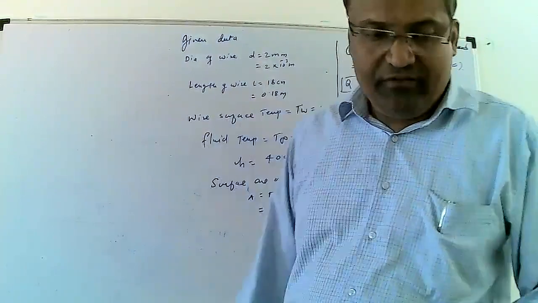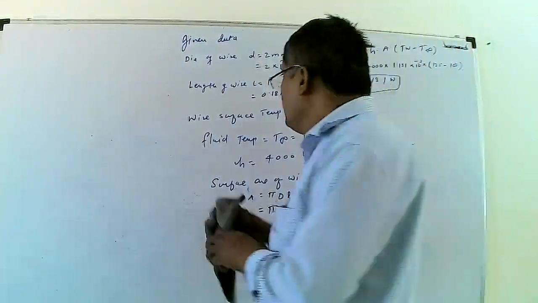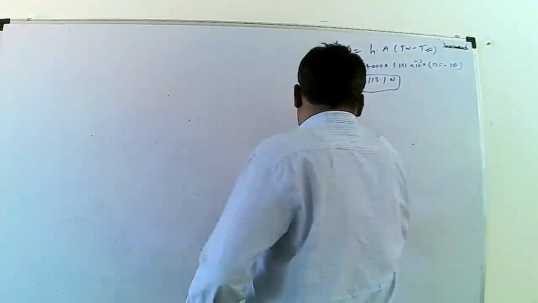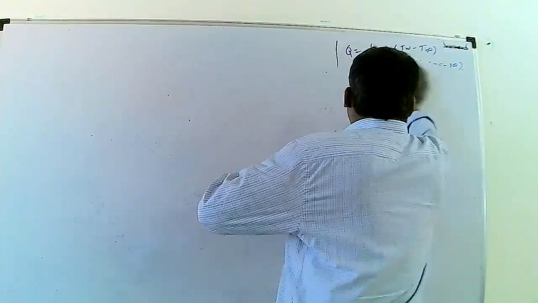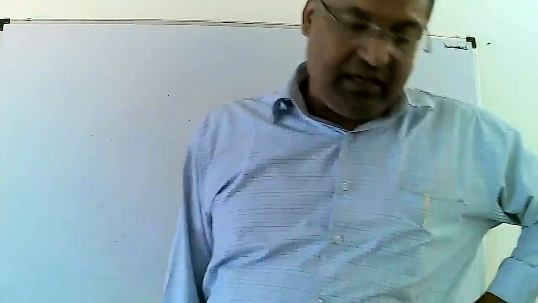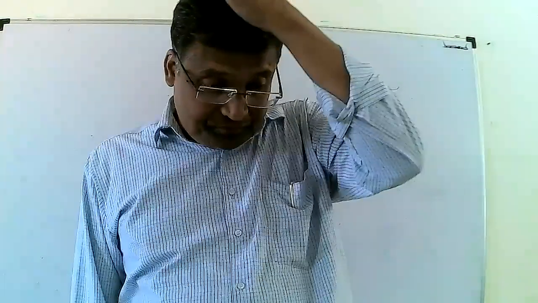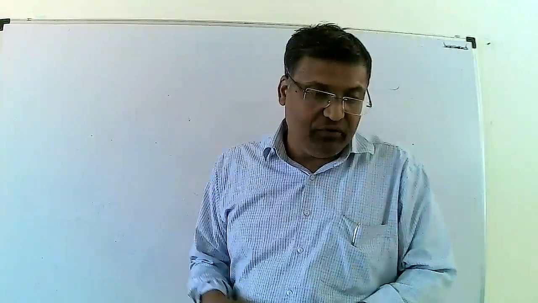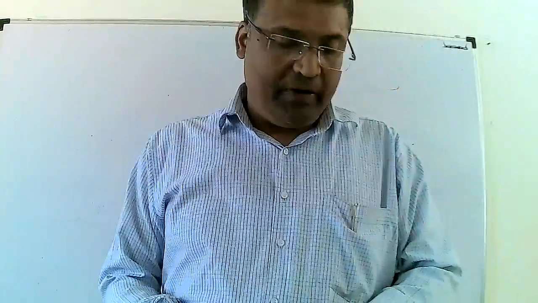Then we take a next example, very easy to calculate. An immersion water heater of surface area 0.1 meter square and rating 1 kilowatt is designed to operate fully submerged in water.